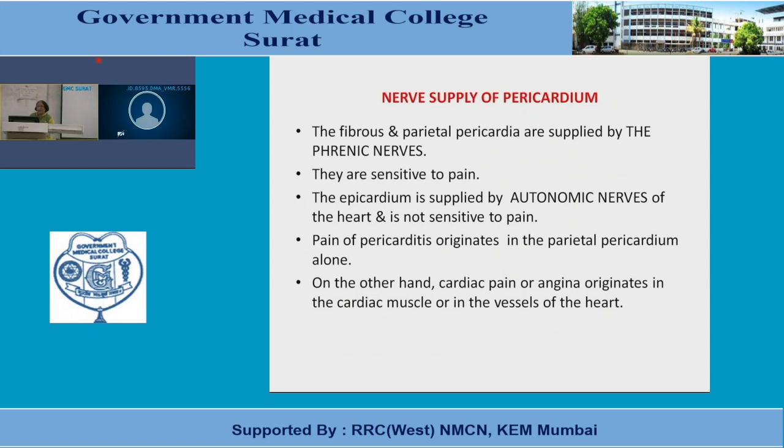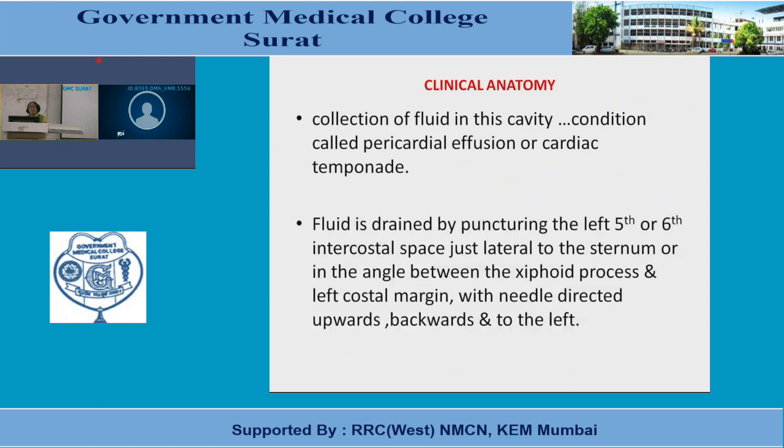Pain of pericarditis; pericarditis means inflammation of the pericardium. So that pain of pericarditis originates in the parietal pericardium alone. On the other hand, cardiac pain or angina pectoris originates in the cardiac muscles or in the vessels of the heart. Clinical anatomy of the pericardium.